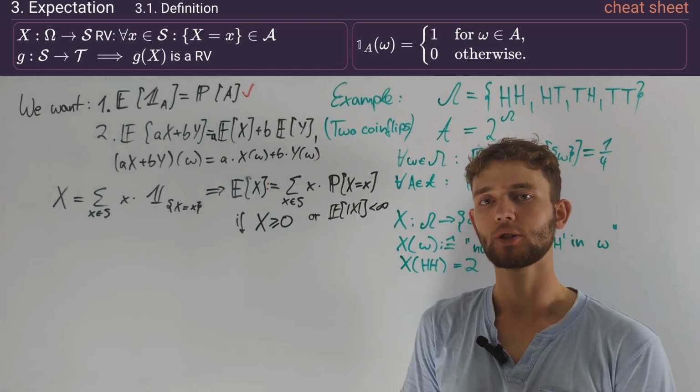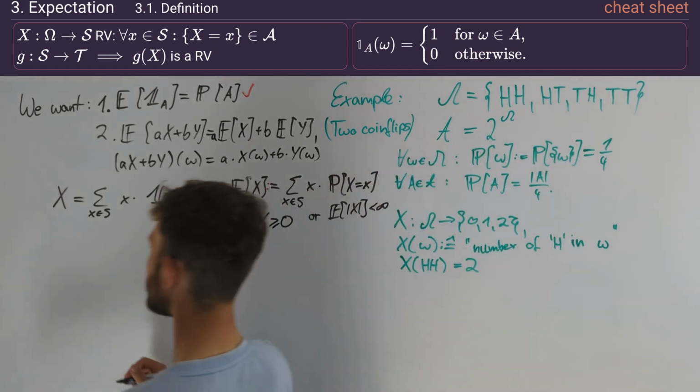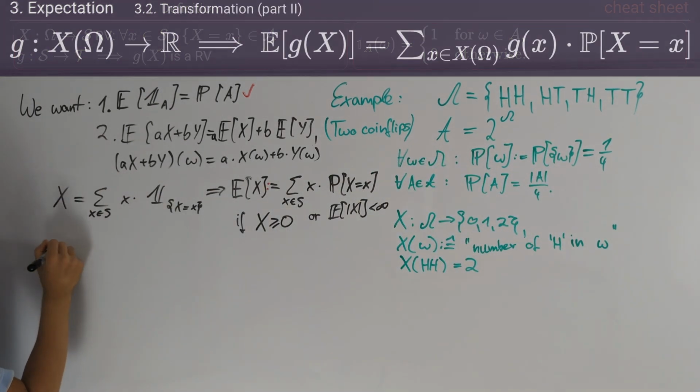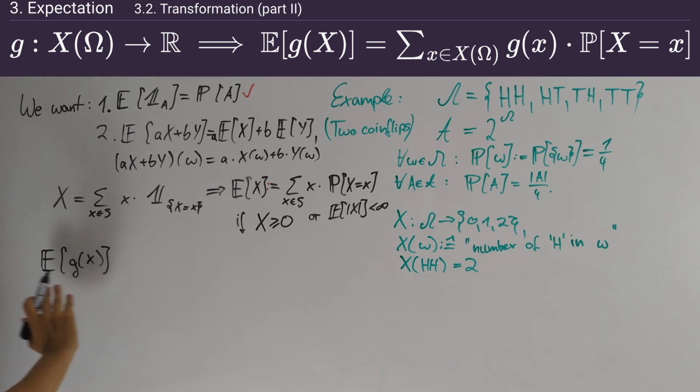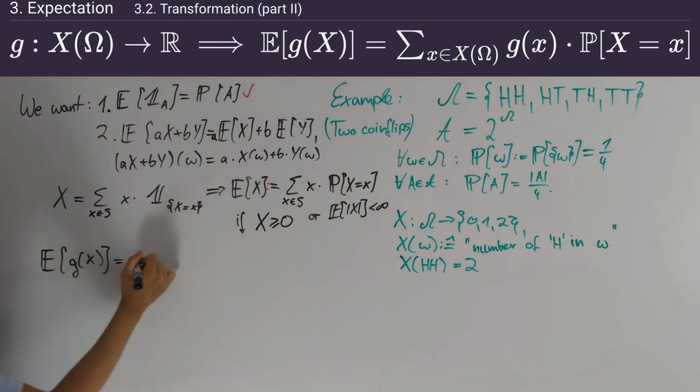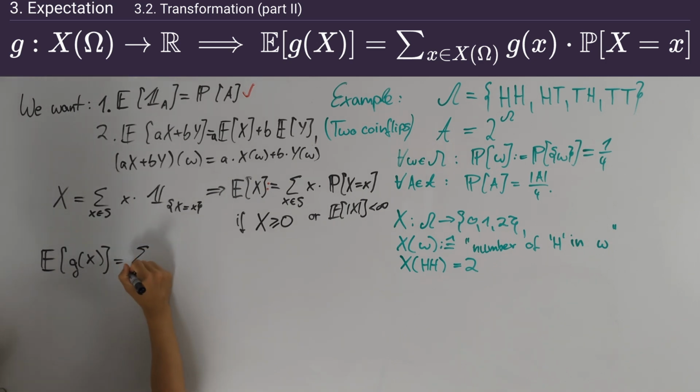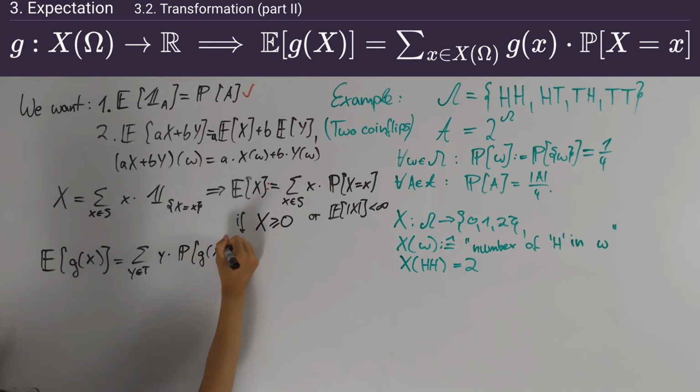Namely, we will show how to evaluate the expectation of g of X. It could happen that this expression is undefined, so we will work under the assumption that it is not. By definition, E of g of X is equal to the sum over y in T of y times P of g of X equals y.